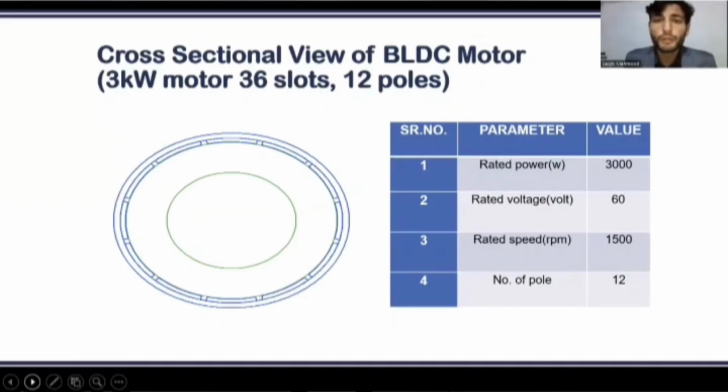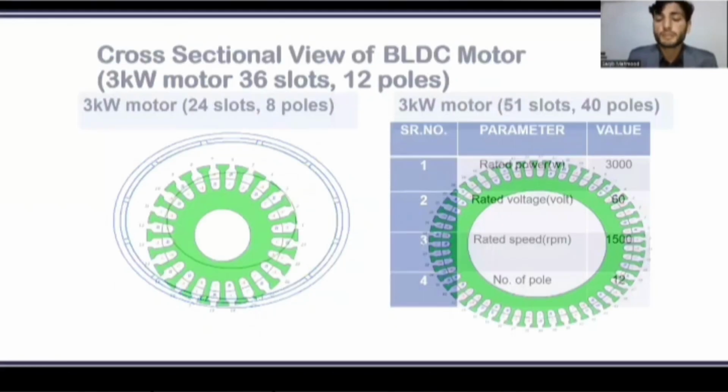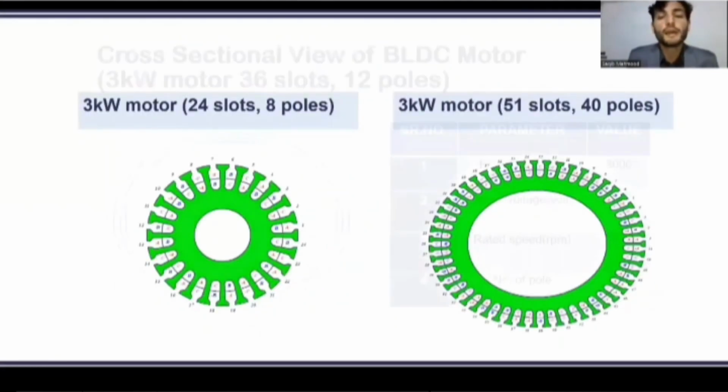In this model, we want to achieve maximum speed with the 3000 watt motor, so we kept the rated speed at 1500 RPM, which converts to up to 105 kilometer per hour, which is a very good speed. But for this model, we have to compromise on the torque.